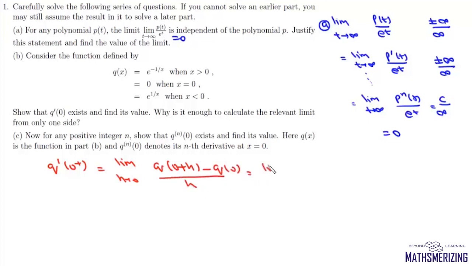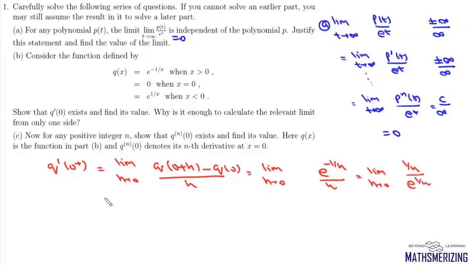Now this is the limit as h tends to 0. Now q(h) when x is greater than 0 is simply e to the power minus 1 by h. q(0) is 0, and here it will be this h. So we can write this as the limit as h tends to 0 of 1 by h, and then e to the power 1 by h.